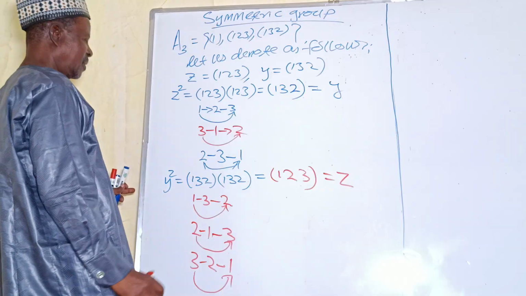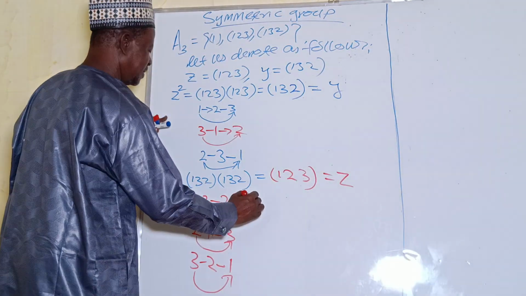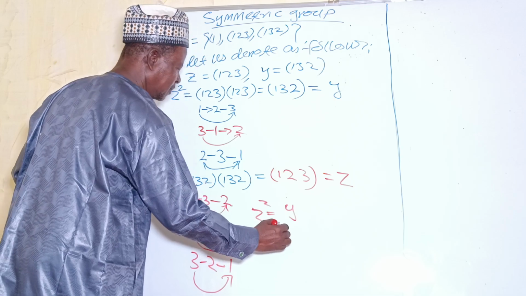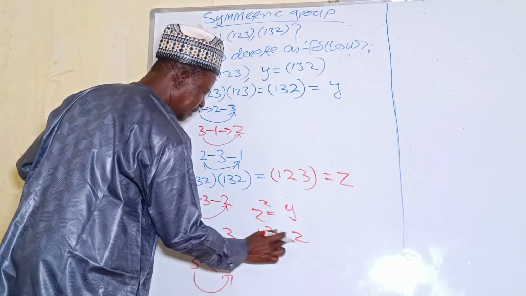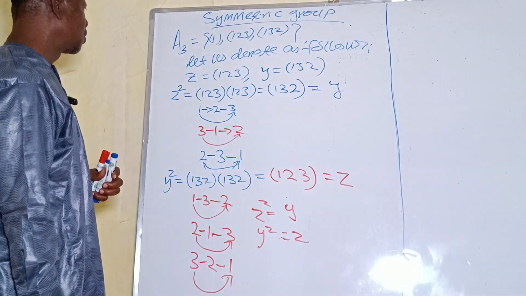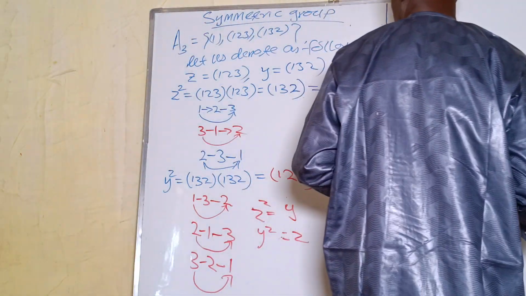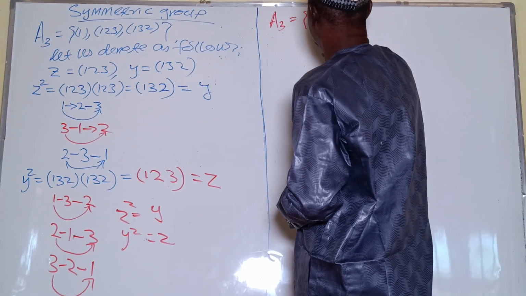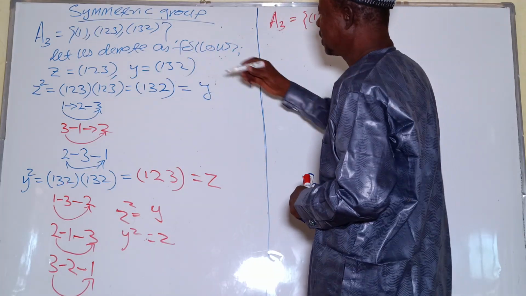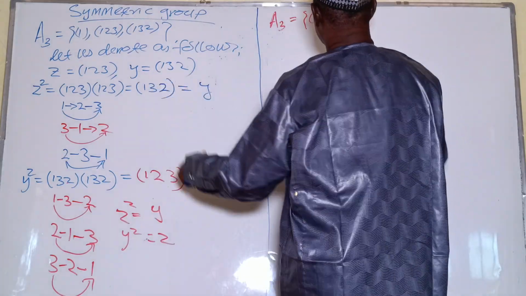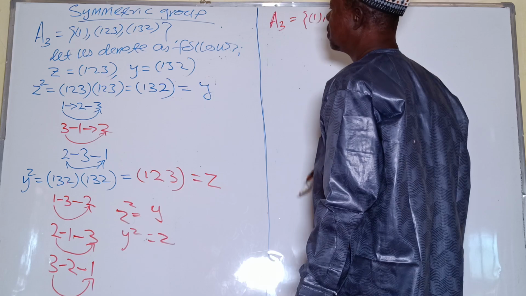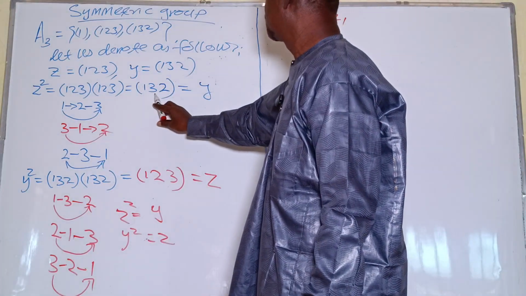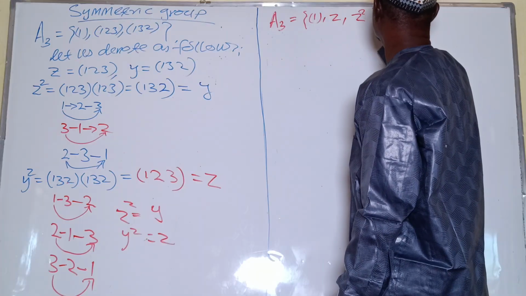So what does this show you? It shows you that Z squared gives you Y, and Y squared gives you Z. So I can now write my A3 as the identity element, then (1 2 3), which is Z, and (1 3 2), which is Z squared.